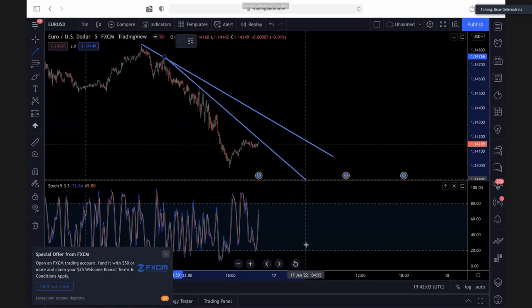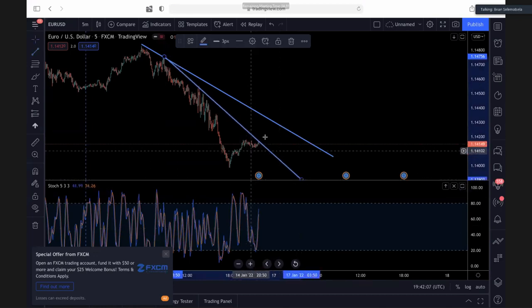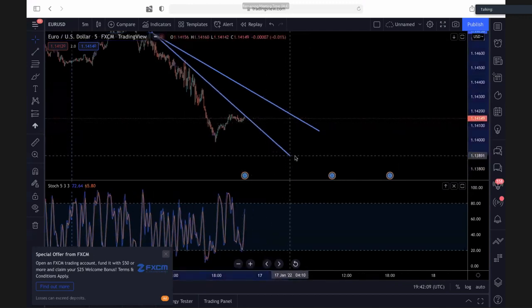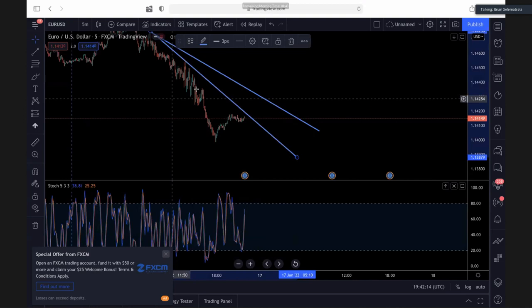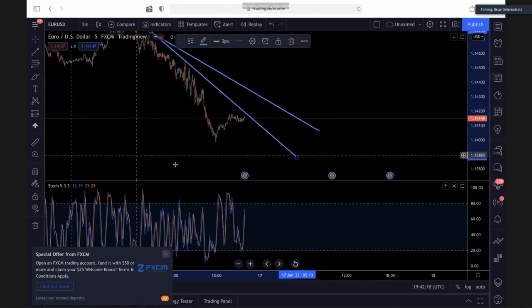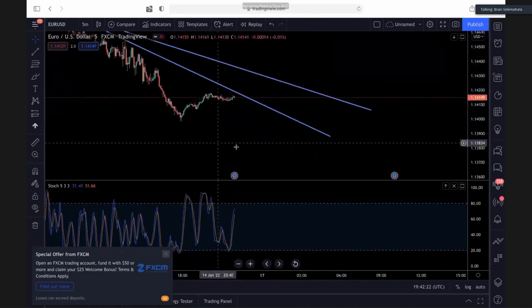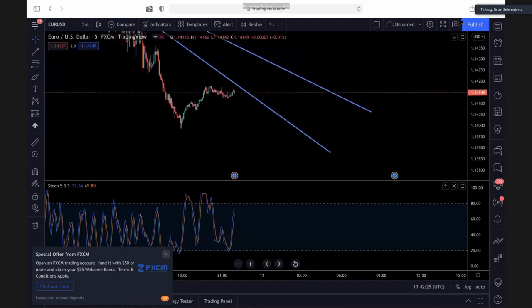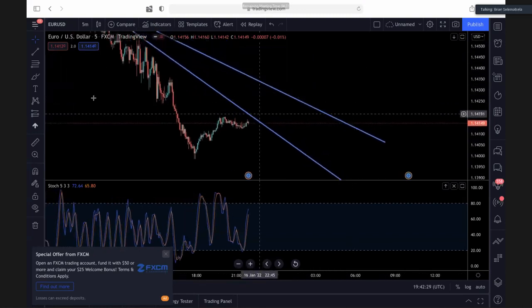Why are we waiting? We're waiting for the breakout of that. But so far, it has to go up. The reason why I'm saying that is because I'm seeing divergence already.